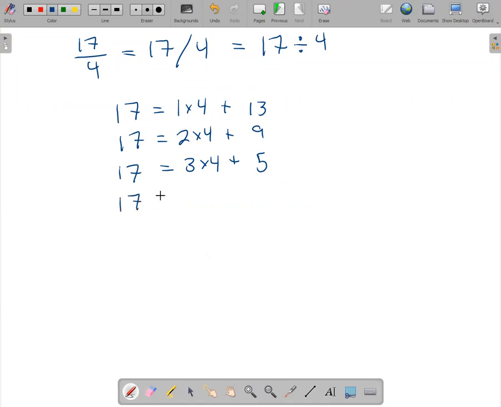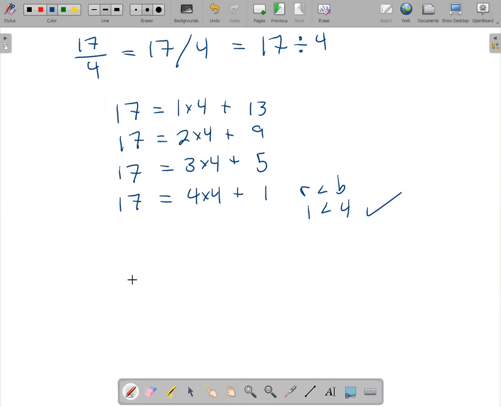Okay, what about 17 as 4 groups of 4? Then we would have a remainder of 1. And finally, we have the R is less than B, right? 1 is less than 4. And we got an answer. So an organized guess and check.